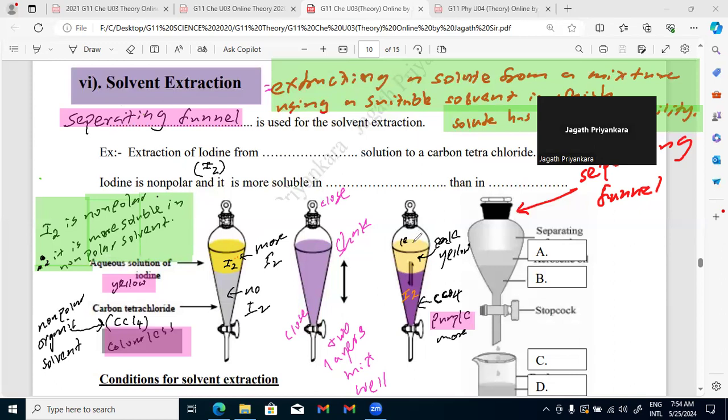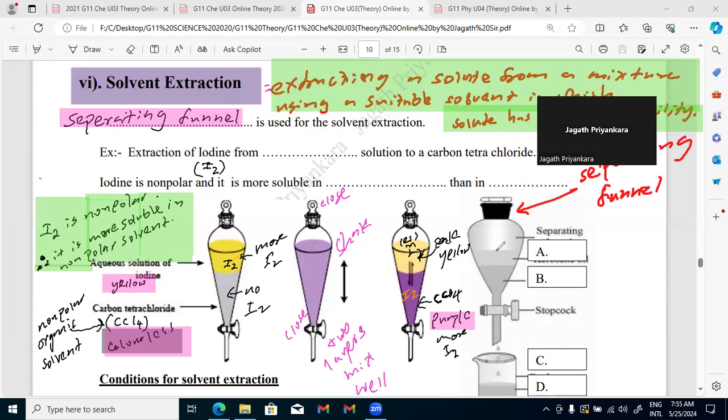The upper layer has less iodine and the bottom layer has more iodine. So we have extracted iodine into which solvent? What is the solvent used here, students? Carbon tetrachloride. It is non-polar, therefore it doesn't mix with water. Therefore, we have extracted iodine into the bottom layer, which is CCl4.